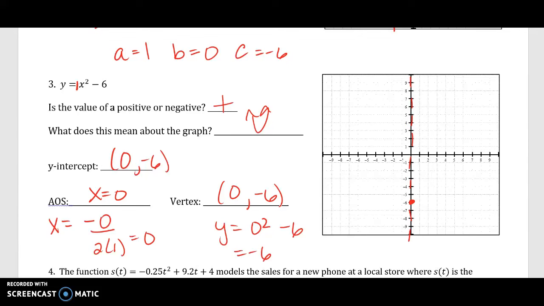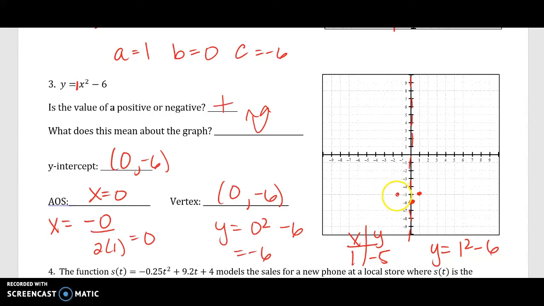So all I have this time is an axis of symmetry and a vertex. So just like we did the other day, if that's all the information I have, make an x-y t-chart, pick any x value not on the axis of symmetry. So if I picked x to be 1, well, when x is 1, y would be 1 squared minus 6, or -5.